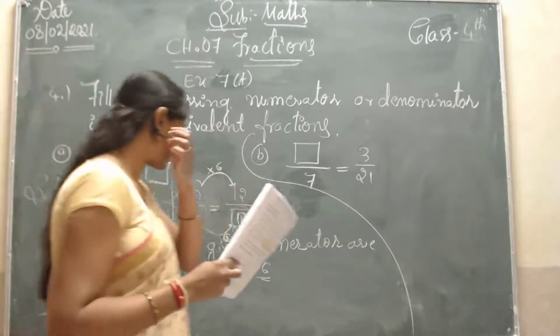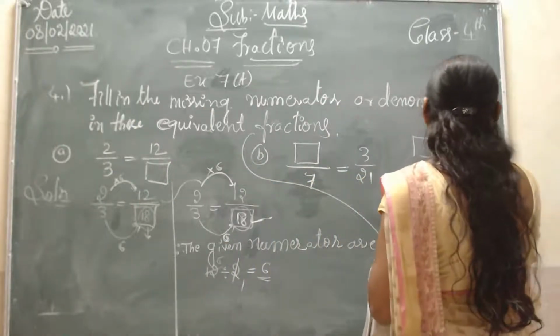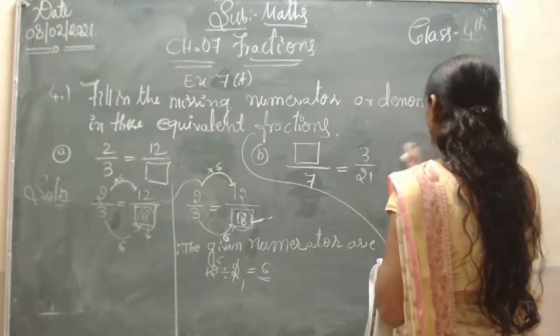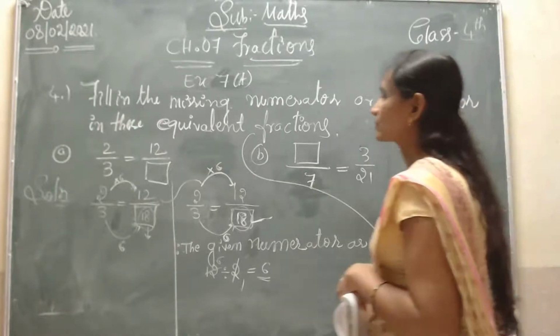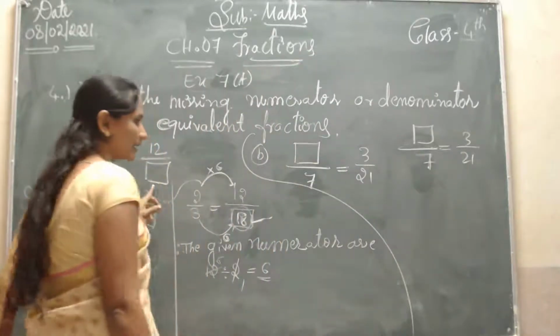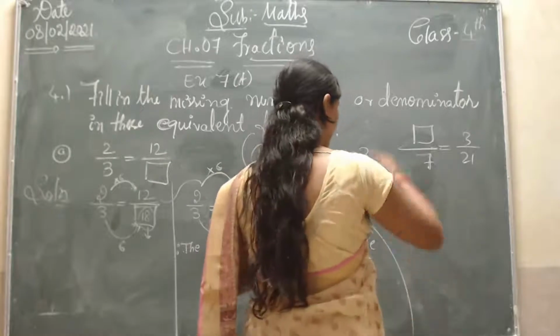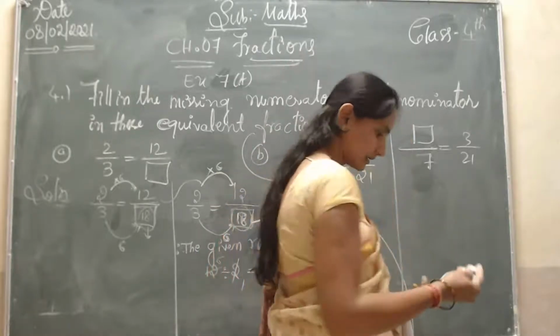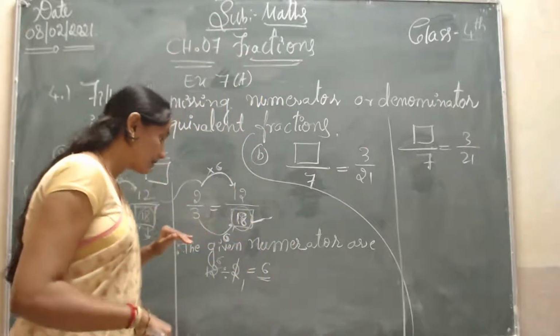So students, in the B question, can you see the same procedure or same steps? Here you have to find the numerator, but in the first question you had to find the denominator. To find the numerator, the first step is the same.